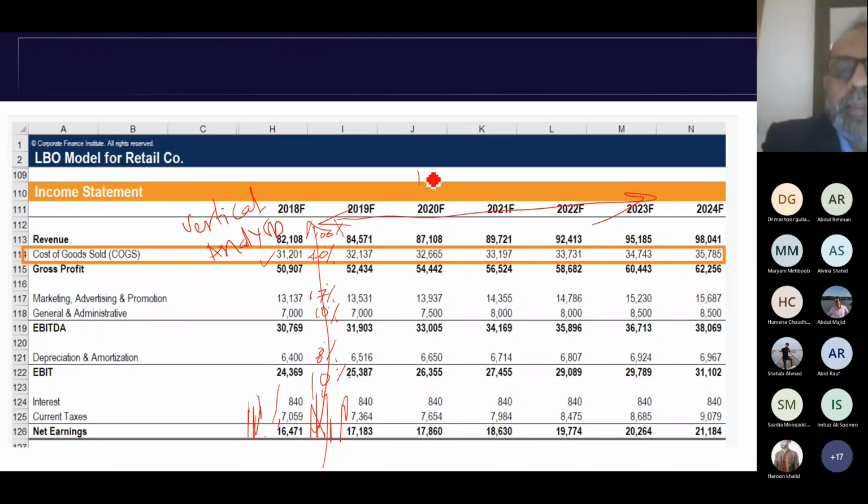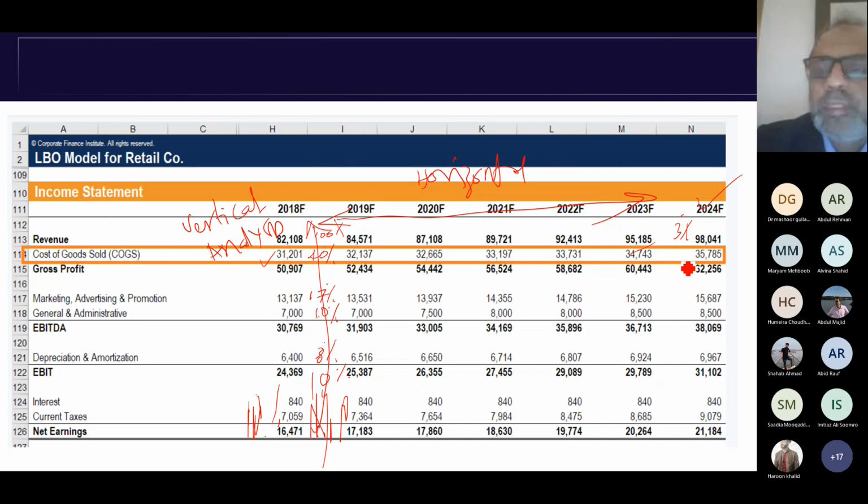Then there is a horizontal analysis. In a horizontal analysis, if this is the current year, you ask by what percentage your revenue has increased from last year, and you say there is a 3% increase.